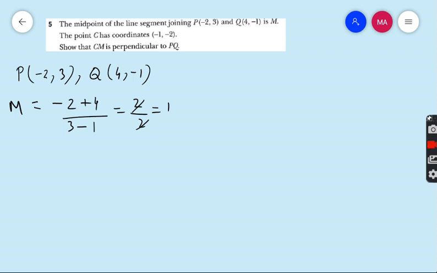The point C has coordinates -1, -2. Show that CM is perpendicular to PQ. Very easy.